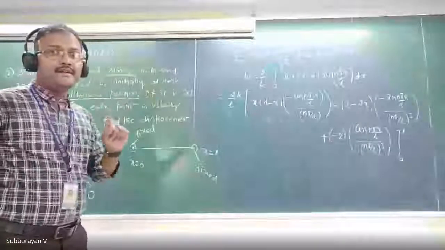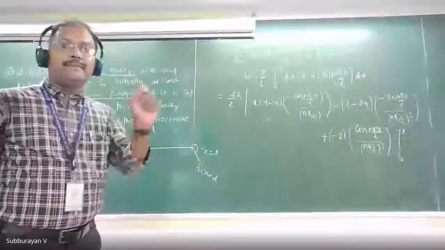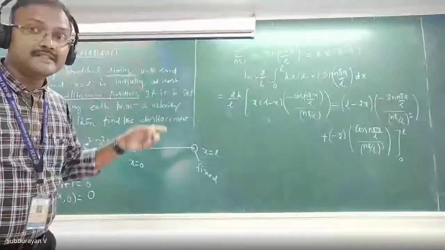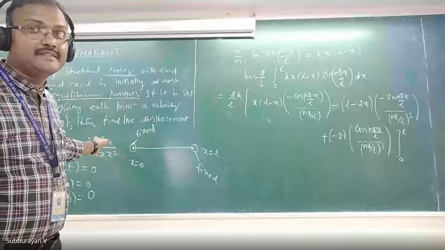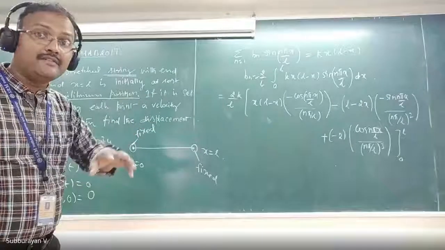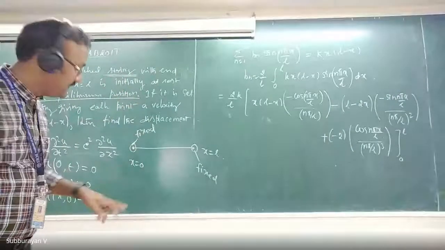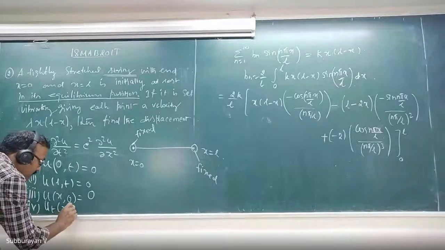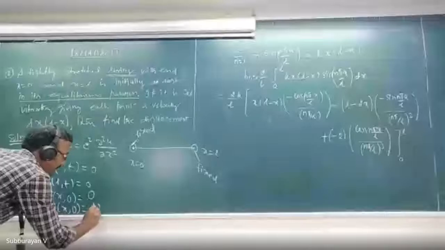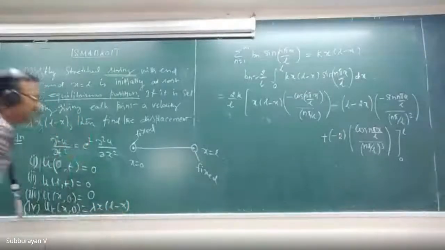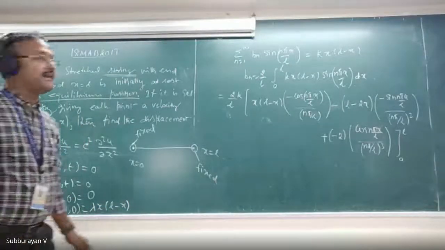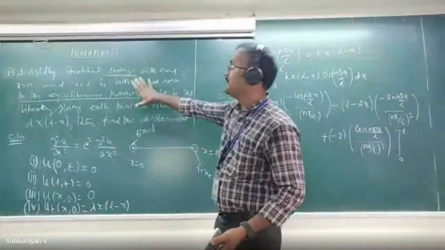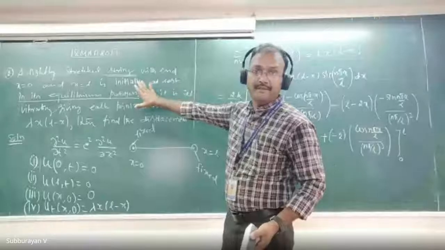At any point we are generating some vibration given by this function. So the initial velocity is u t of x comma 0 equals lambda x into L minus x. This is the mathematical problem corresponding to the physical statement.